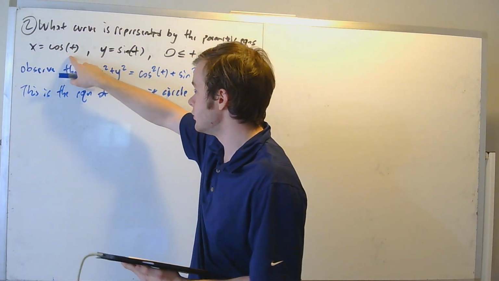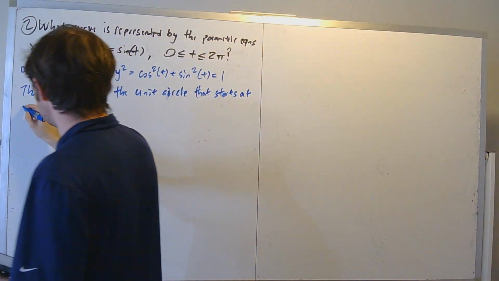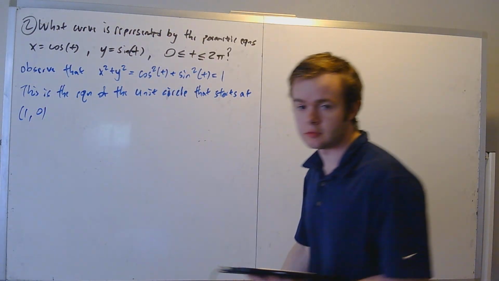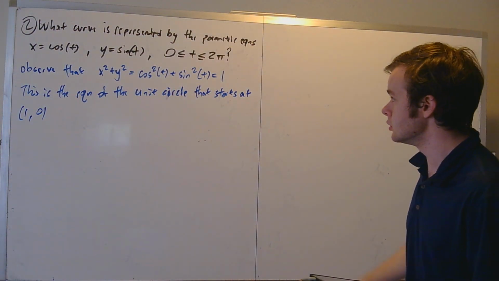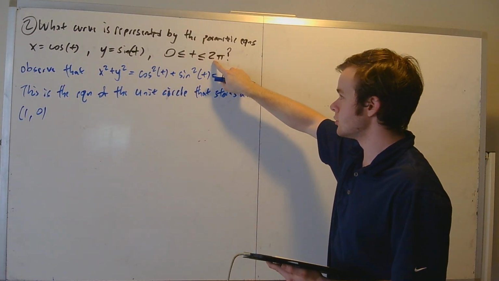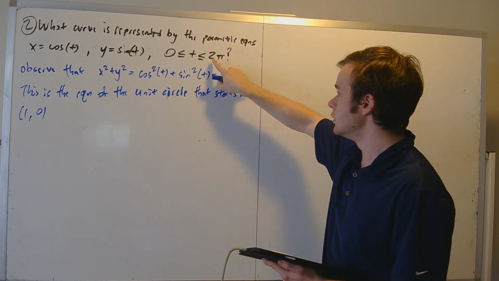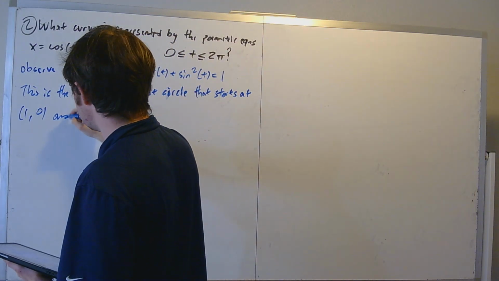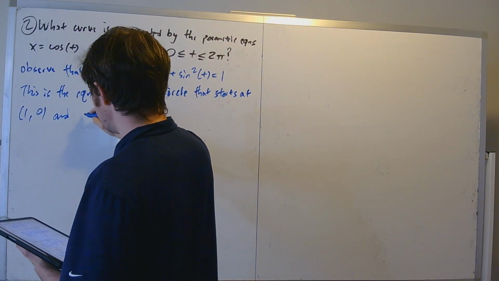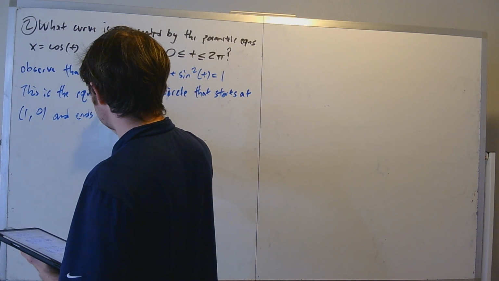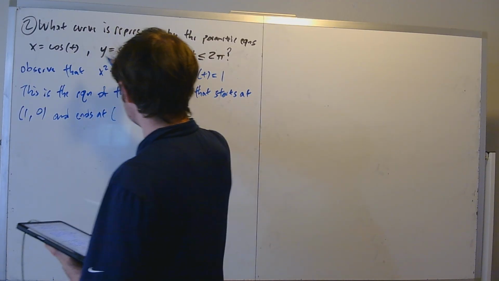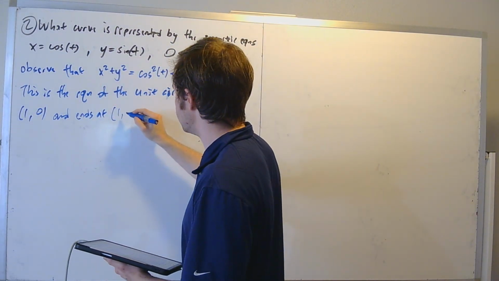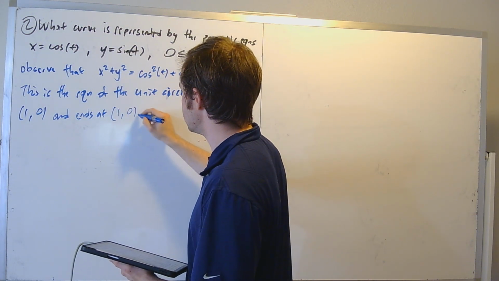Well, cosine of 0, that's 1, so it's going to start at 1 comma 0 because sine of 0 is 0, so that's going to be the initial point. And the ending point is going to be whenever we plug in 2 pi. So we plug in 2 pi here, and it ends at, well, cosine of 2 pi is 1, and sine of 2 pi, that's 0.